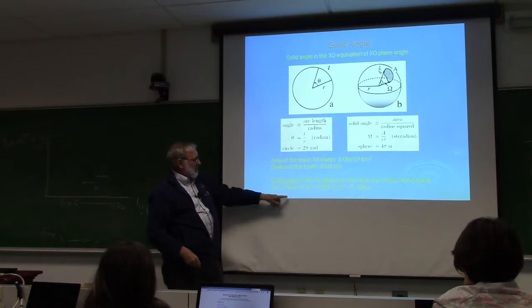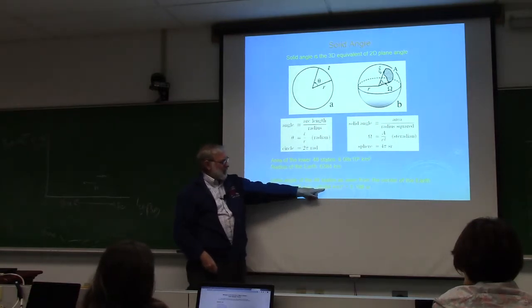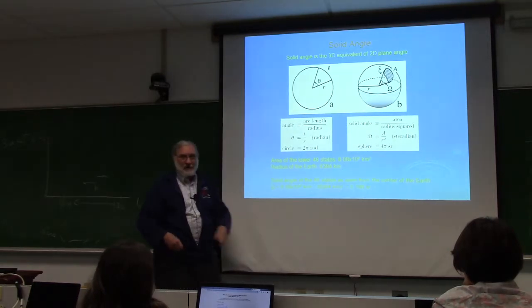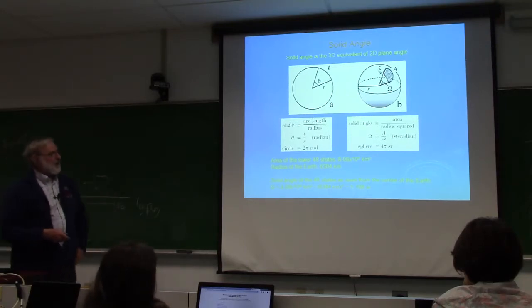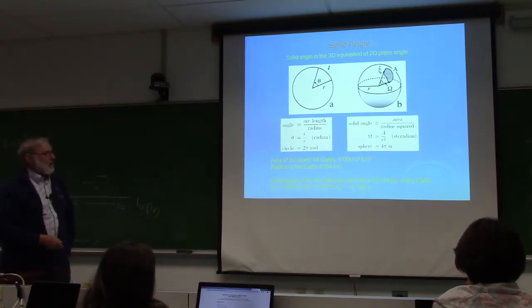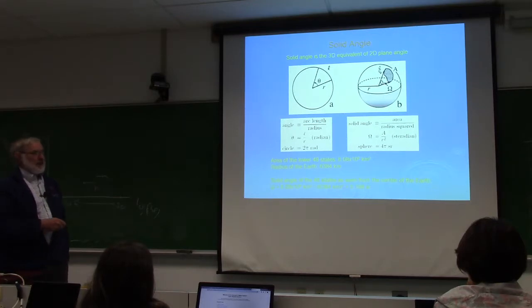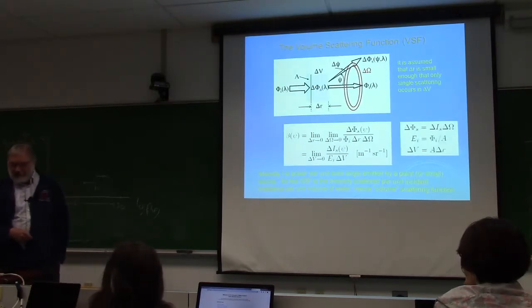Well, it's simply the area of the 48 states divided by the radius of the Earth squared. It's about 0.2 steradians. So there's nothing magical about solid angles. It's just that if you haven't run across them before, they might be a little strange. They're simply a three-dimensional equivalent of a two-dimensional plane angle. But you're going to live with that for the rest of your career in radiative transfer theory.